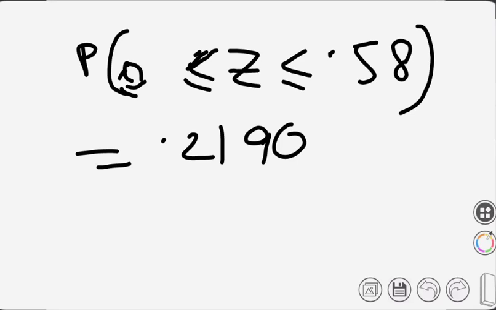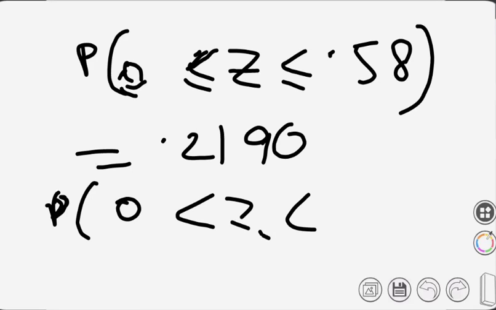If I ask you what is the probability of 0 less than Z less than 1.236, that cannot be done directly, but we can use 1.23. If I ask you what is the value for 1.23, who can tell me quickly?